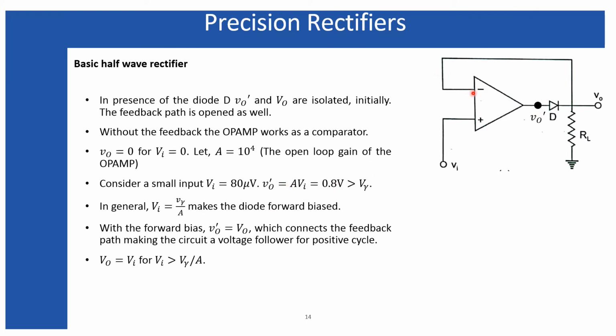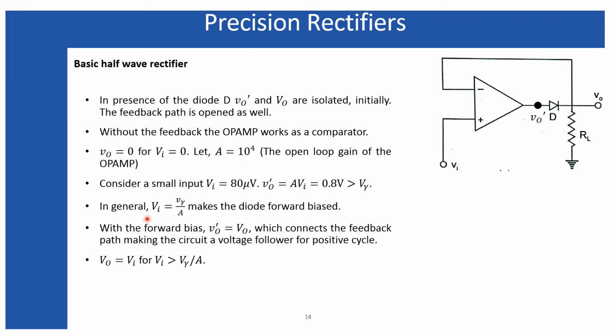The output voltage was initially 0, and you have applied a voltage of 80 microvolt which is greater than 0 volt, so V0 dash becomes A times Vi, which will be 0.8 volt. That is greater than V gamma, the cut-in voltage of the diode, which has a range starting from 0.6 to 0.7. So you can see from here, by applying such a small voltage of 80 microvolt, you can make the diode conduct.